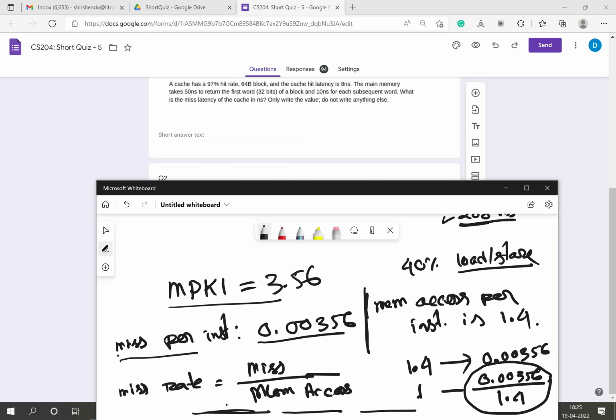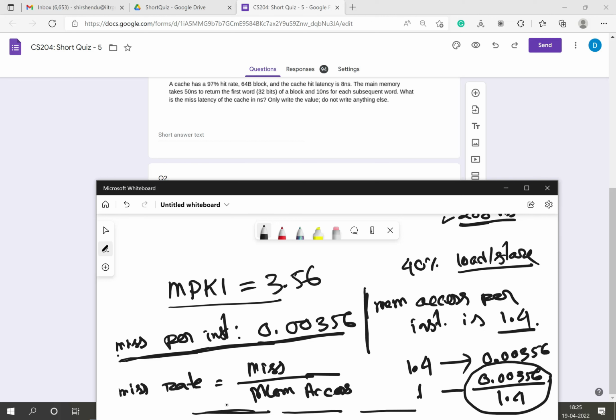Since 40% of instructions are load store instructions, memory accesses per instruction is 1.4. So for every 1.4 memory accesses, the number of misses is 0.00356. For one memory access, the miss will be this divided by 1.4.